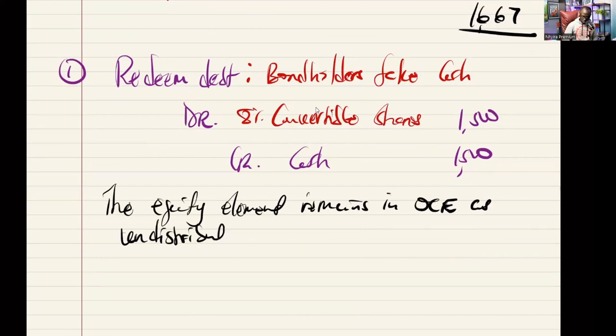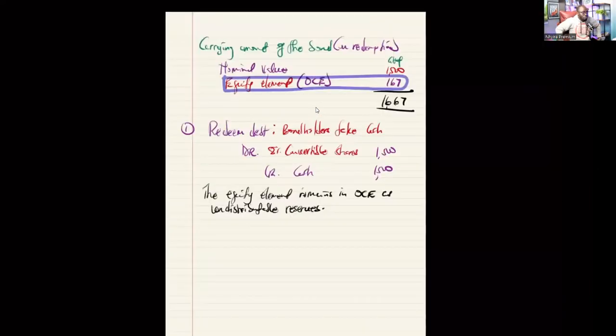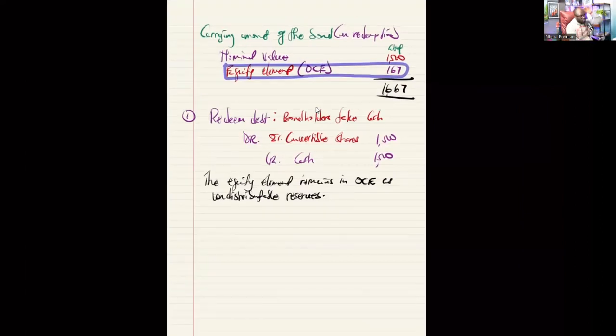It's like the benefit we gain from issuing the convertible shares. So if they decide to redeem, take their money, the 167 is still in our books. It increases our balance sheet figure. Are you getting the idea? That's option one.